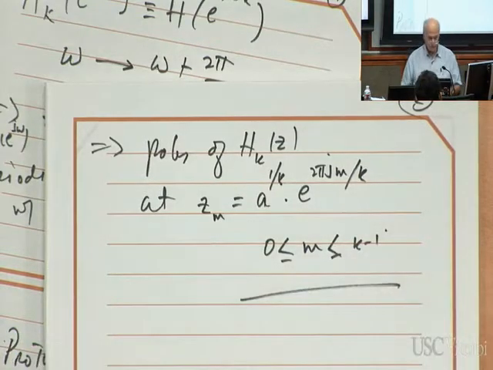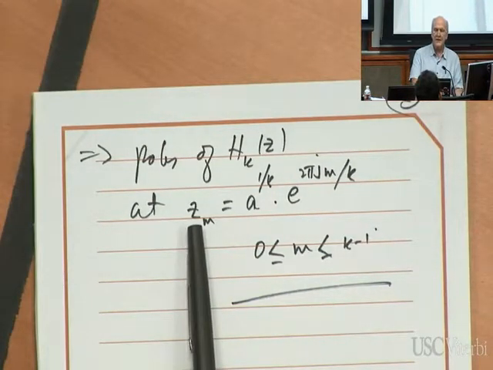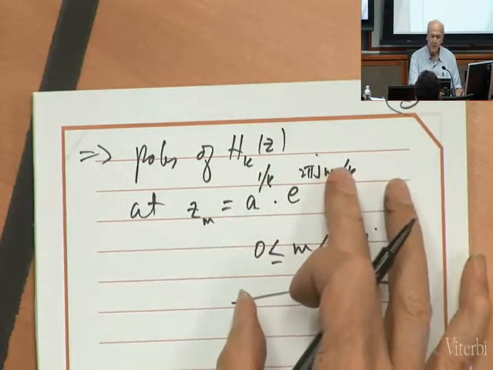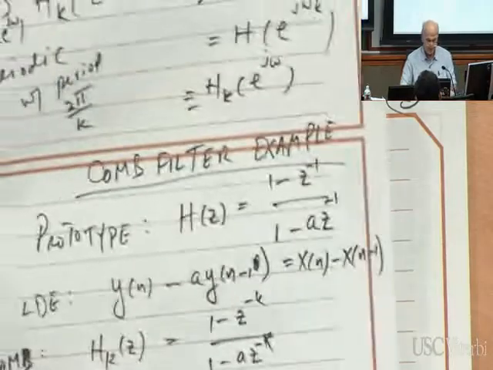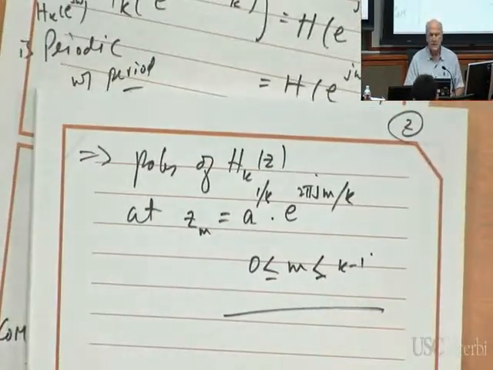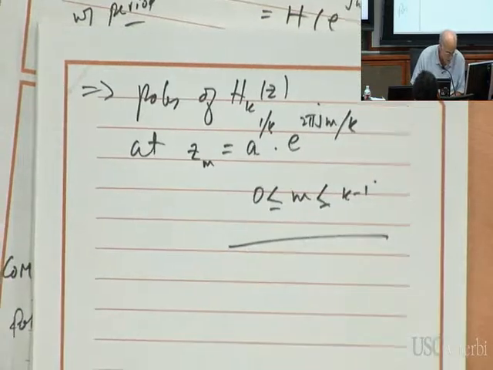If you don't believe it, just substitute that in. Take z sub m to the kth power. You end up with a and e to the 2 pi jm, which is unity. So those are all of the roots. There are actually k roots of this comb filter. So just by adding that z to the k changed the picture quite a bit.